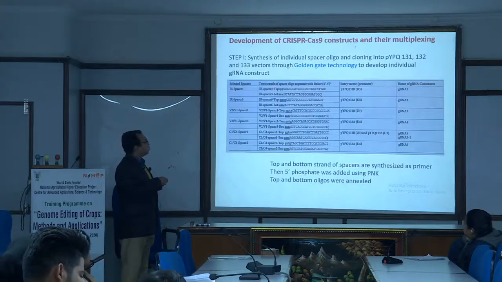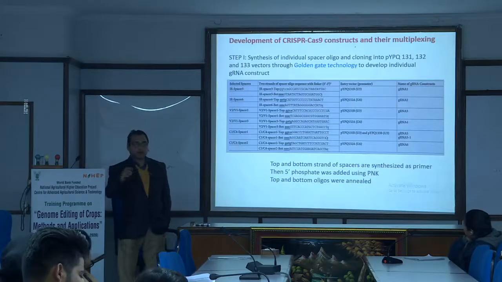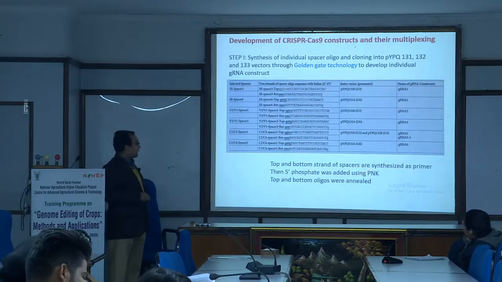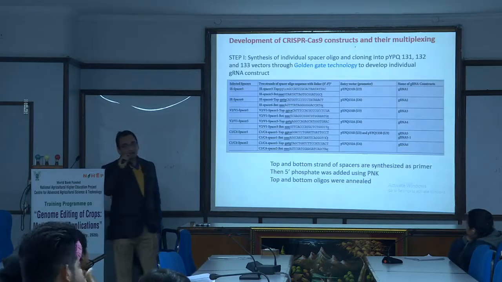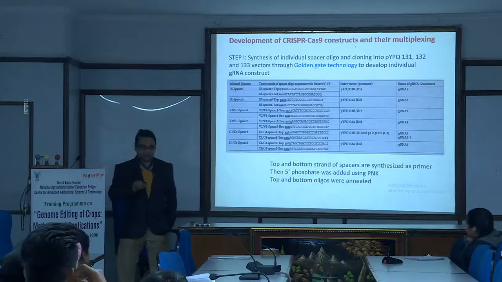We prepare 2, one called top, one called bottom. Top means the original spacer sequence, and the other is the complementary sequence of that. Then these molecules were phosphorylated at the 5' end with polynucleotide kinase, and the top and bottom oligos were annealed to form a duplex molecule of the spacer, so that we can clone that.